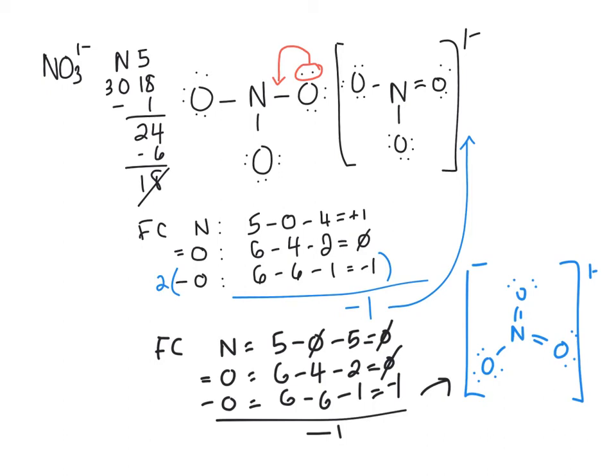But there's a big problem with this structure. We did manage to get our formal charges down. However, nitrogen is on the second row of the periodic table. It cannot expand its octet right now. It's surrounded by 2, 4, 6, 8, 10 electrons. Can't do it. Nitrogen is on the second row of the periodic table, so it has to be surrounded by 8. So this is not the correct structure.